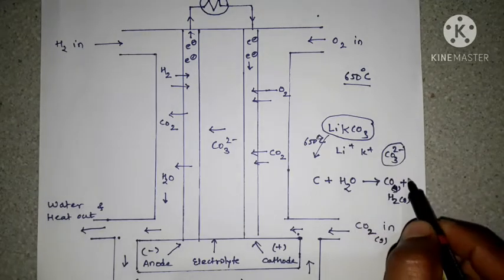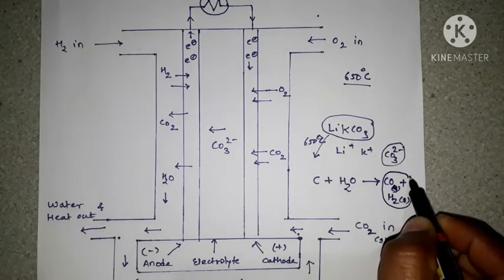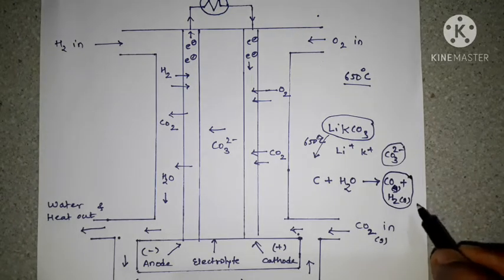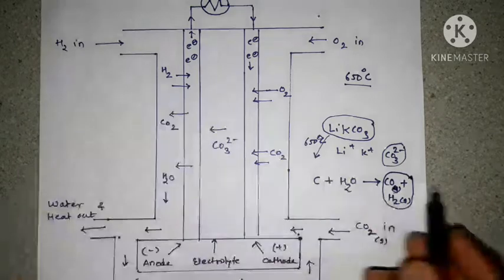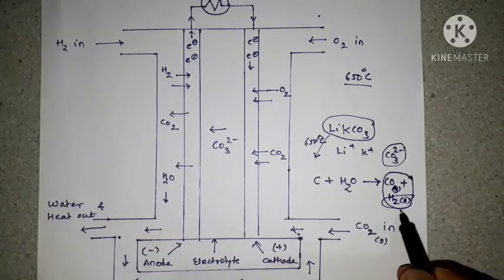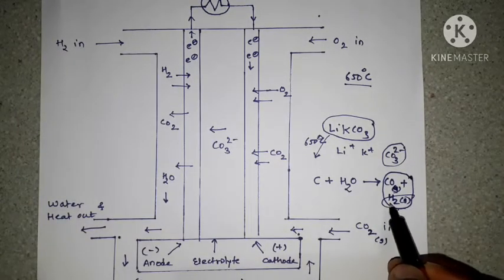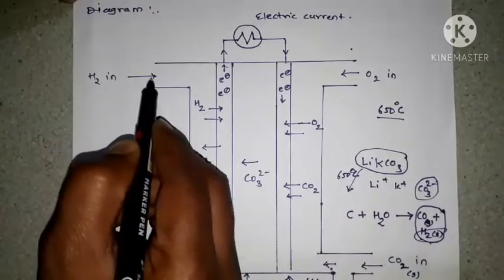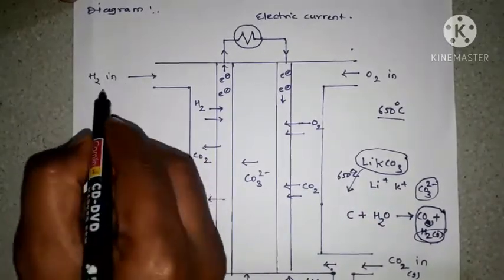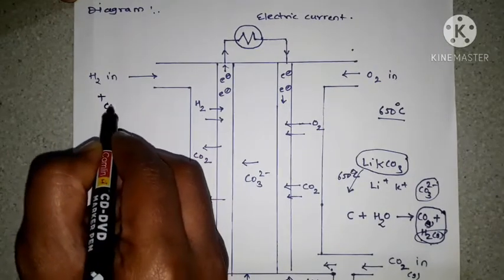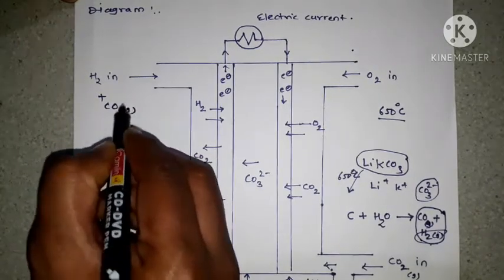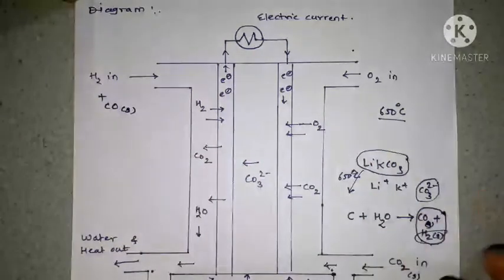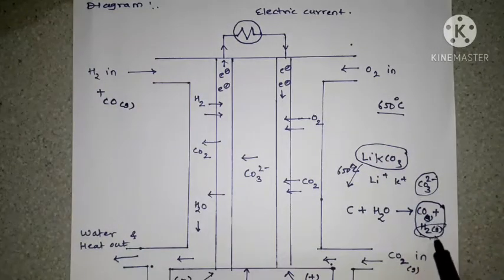These two gases are taken as fuel. Hydrogen gas is generally taken as the fuel, but carbon monoxide is also passed along with hydrogen gas, because you can't remove the carbon monoxide gas.